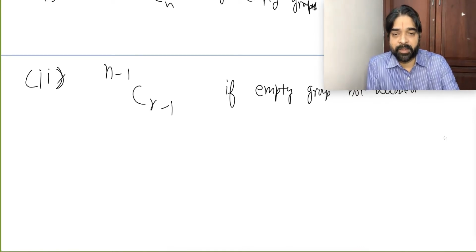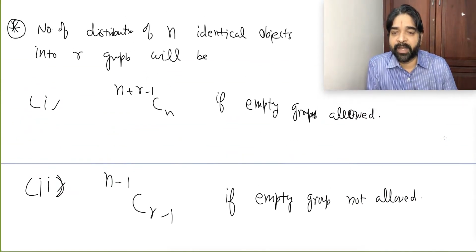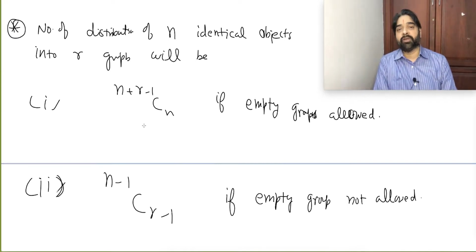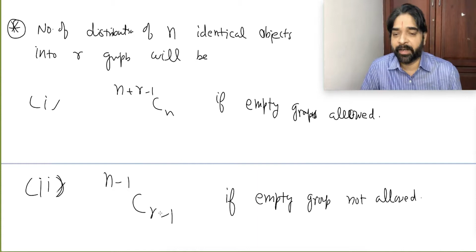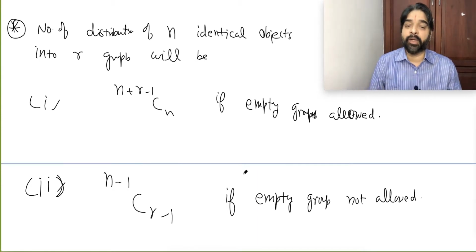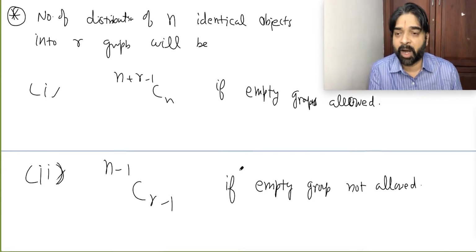These 2 points, please remember everybody, because they are very common things. In so many places they will come, so we are going to use them very frequently. As a formula you can remember, although if you don't remember, then also you can do it, but the logic you should remember, how it has to be.